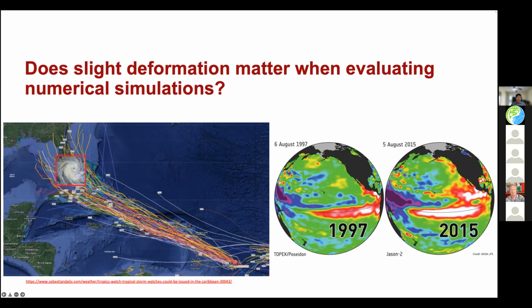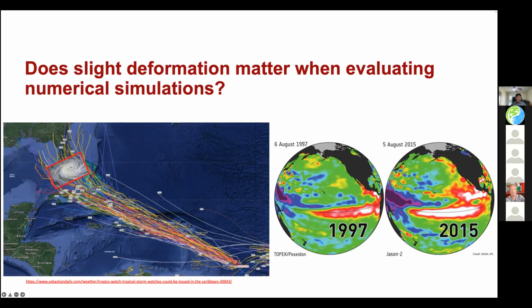Let's assume that this were an observed hurricane, and there were a model which can simulate a somewhat deformed hurricane like this. If there were a model like this, all of us, the meteorologists, would think this model did an excellent job, because the location of the center of the hurricane really matters, but not the exact shape of the hurricane.